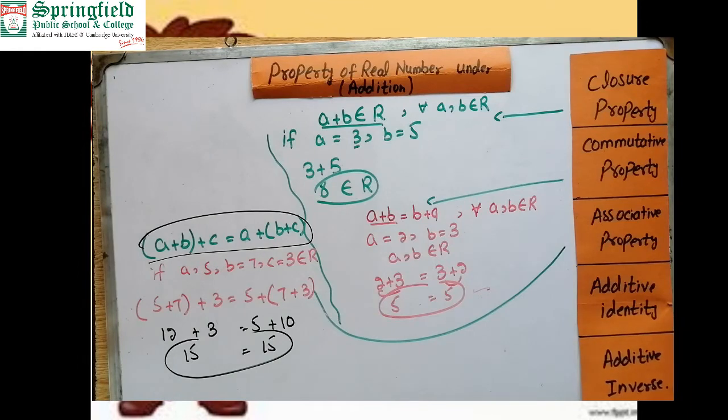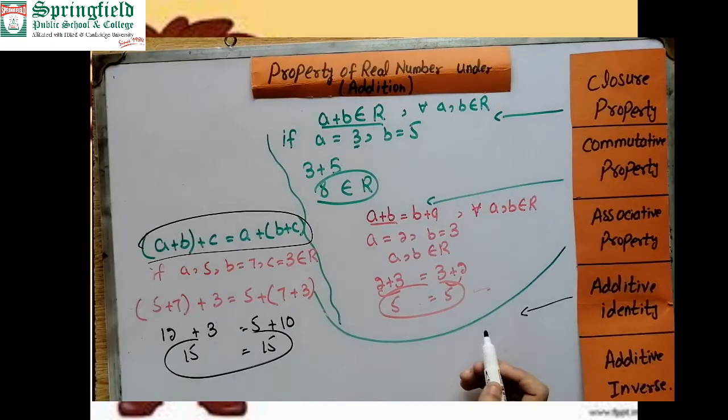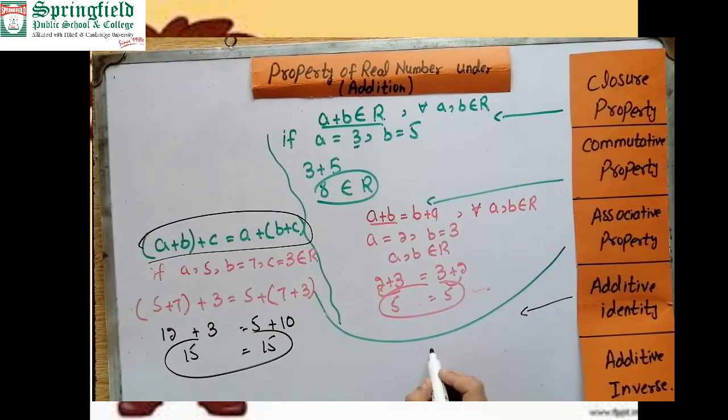Now the fourth one is the additive identity. Zero is called the additive identity, which means when we add zero to any number, the answer is just that number. For example, 3 plus 0, we obtain just 3.